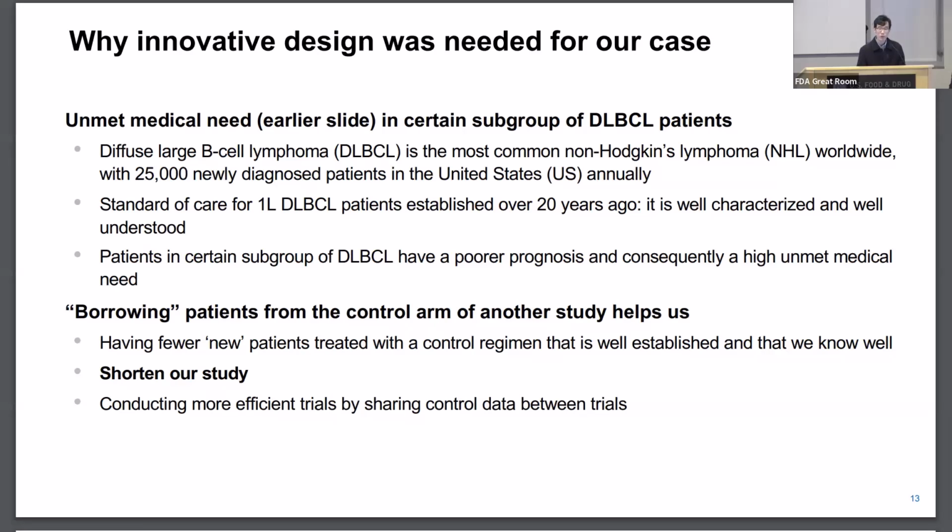Patients in a certain subgroup of DLBCL have a poor prognosis and consequently a high unmet medical need. So borrowing patients from the control arm of another study can help us enroll fewer patients in the control regimen, allow us to shorten the study time, and also conduct a more efficient trial by sharing control between trials.